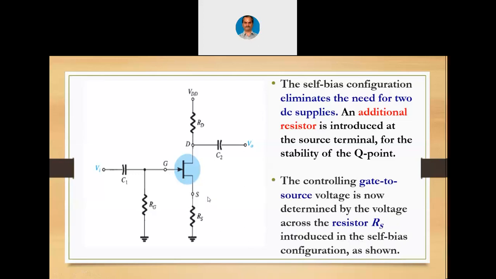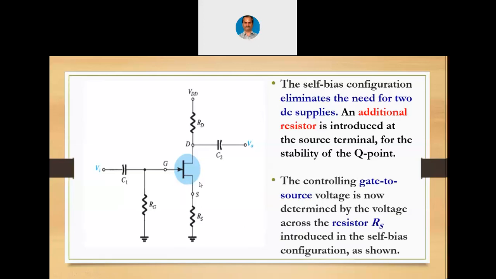You might remember that we had introduced an emitter resistor across the BJT. Same way, now we are introducing a source resistor here. In the fixed bias, the source resistor was not there, the source was directly connected to ground. But in the self bias, as the name itself says, if there is voltage across this RS increasing, then the increase in this voltage will gradually reverse bias the source junction, and that is how the JFET is prevented to completely turn on or completely go into ohmic region.